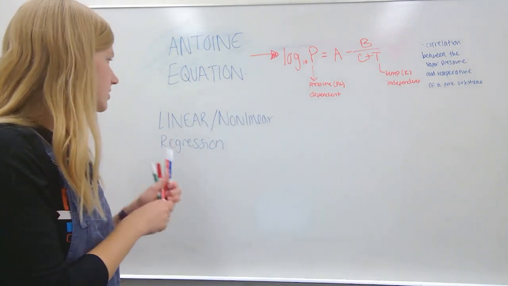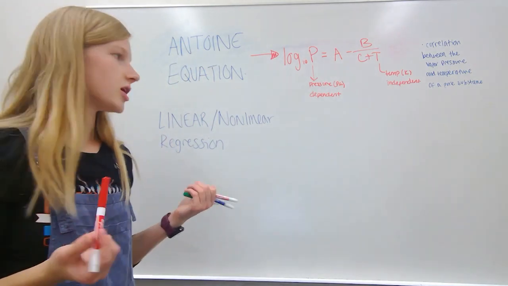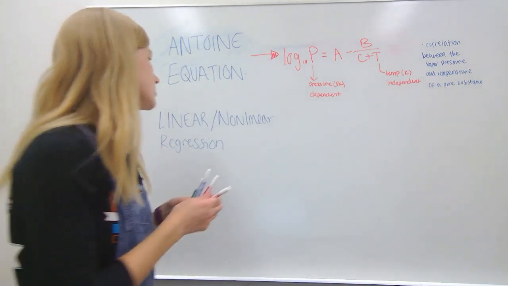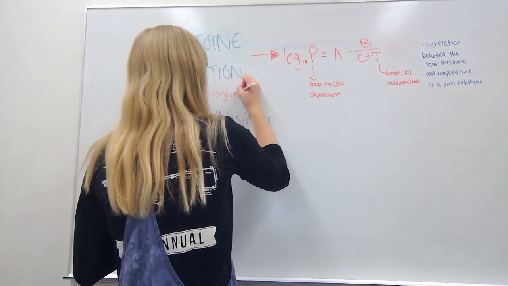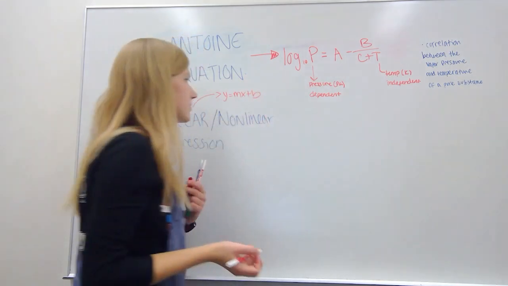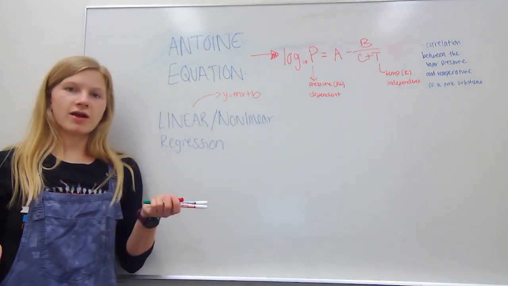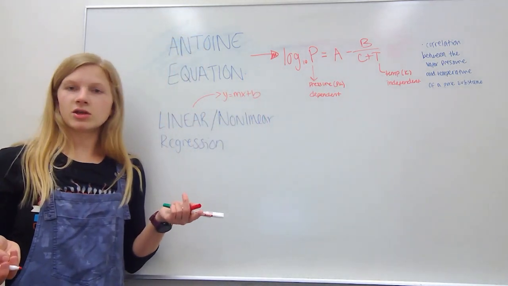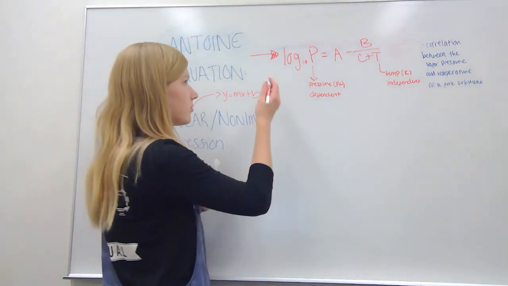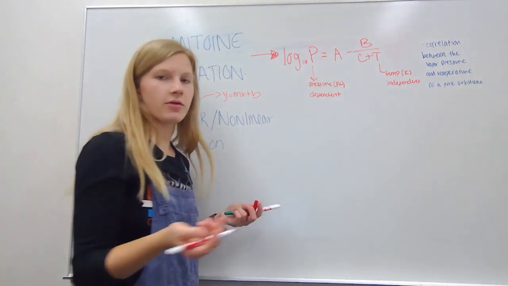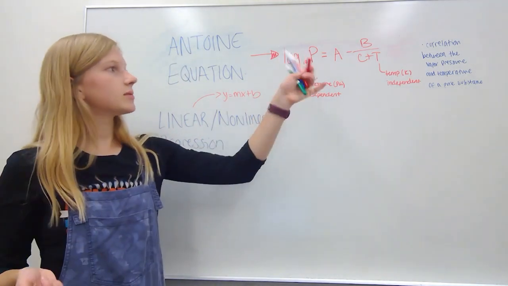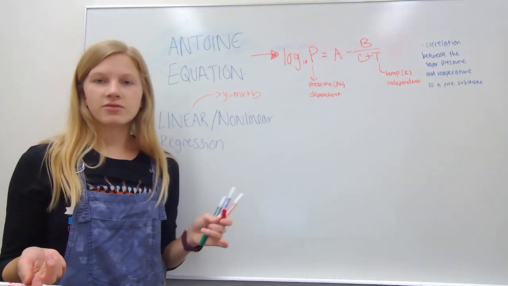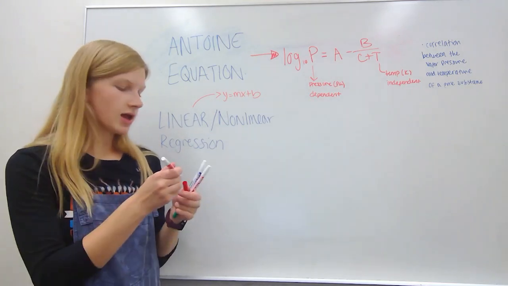Next thing I'm going to talk about is just what is linear and nonlinear regression. Essentially, they're very similar. Linear just means it has the form of y equals mx plus b, or something similar to that, where you can graph it linearly and run linear regression on it. Nonlinear would be something like this, or some other form where we can't do linear regression, but we're going to be able to manipulate this equation so that we can fit it linearly and non-linearly.